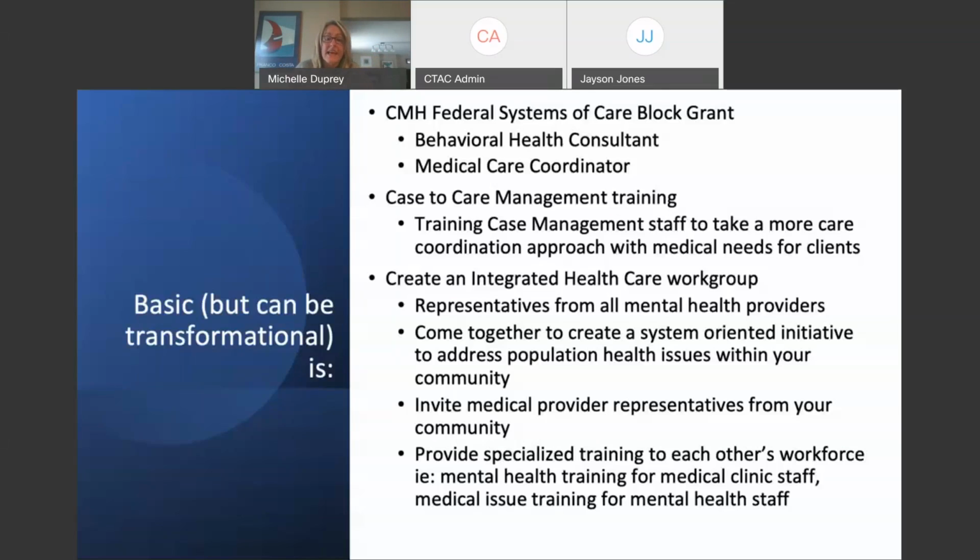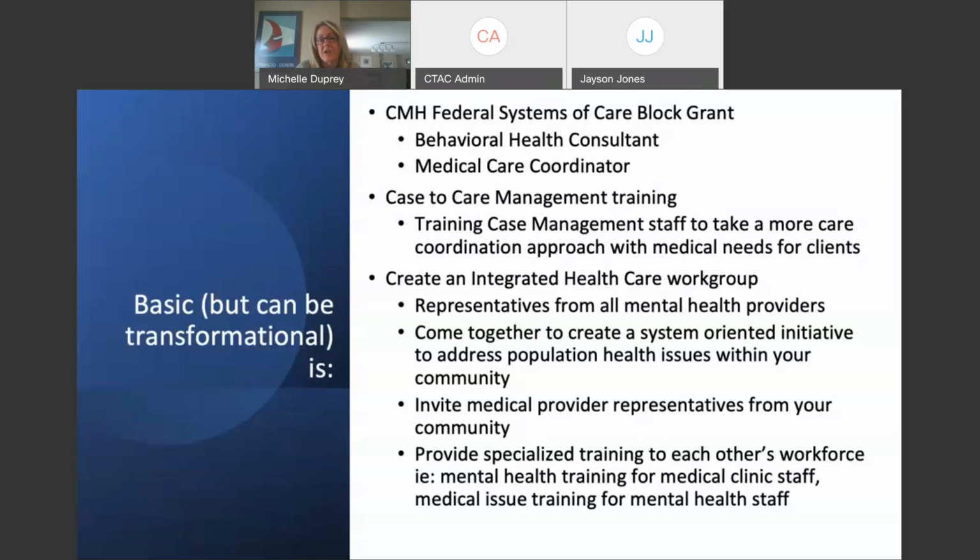And then finally, something that we've also done with our community mental health is we created an integrated healthcare work group. Our community mental health, I said it's an agency, actually, it's an authority. So the authority in our county created this integrated healthcare work group for pediatric providers.